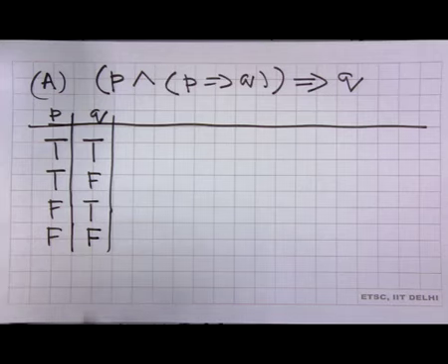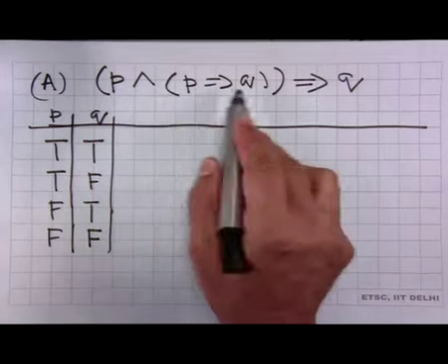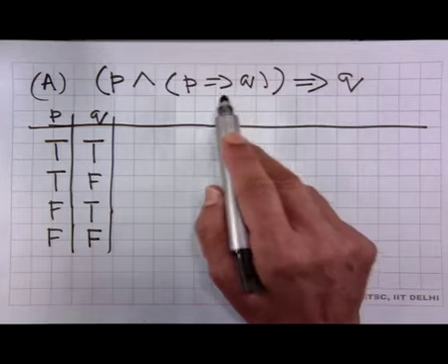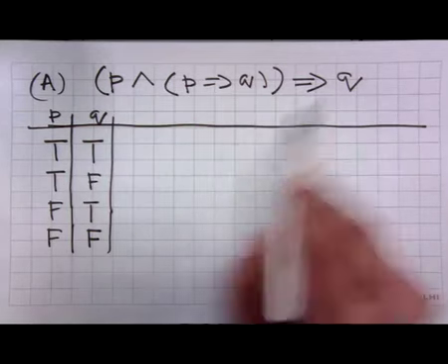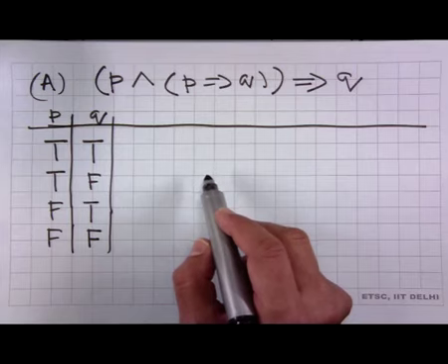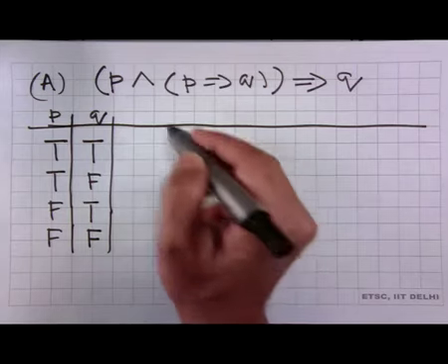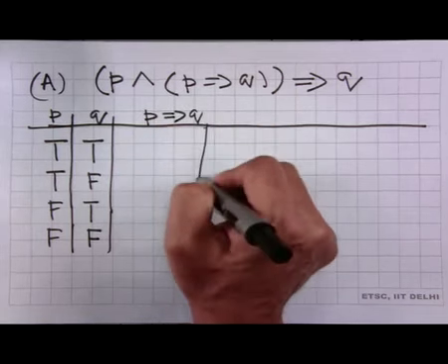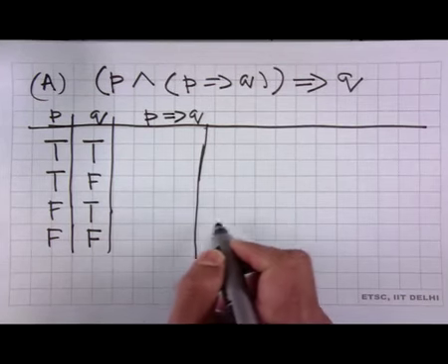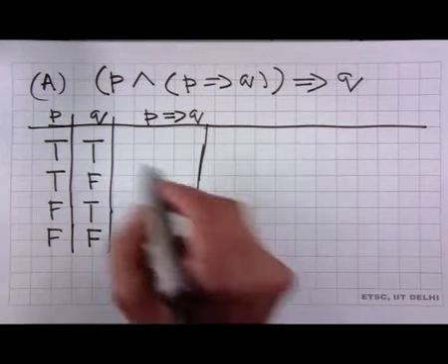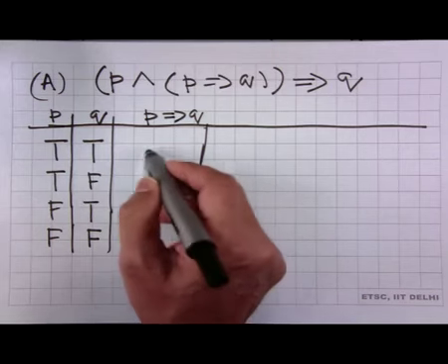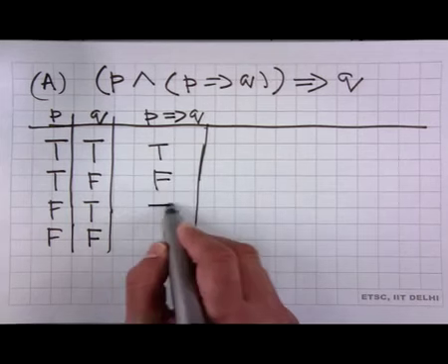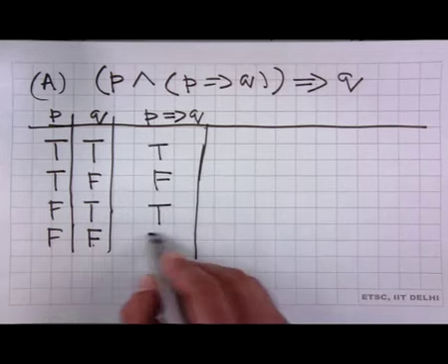We will now see, for P and (P implies Q), what is its truth value, then what is the truth value of that implies Q, and whether that is true all the time. So, let us first look at P implies Q. Since I have done it many times, I just want you to recollect that true implies true is true, true implies false is false, false implies true is true, false implies false is also true.